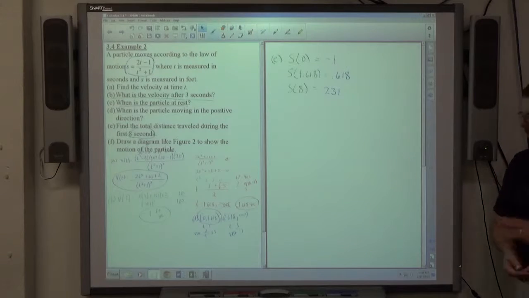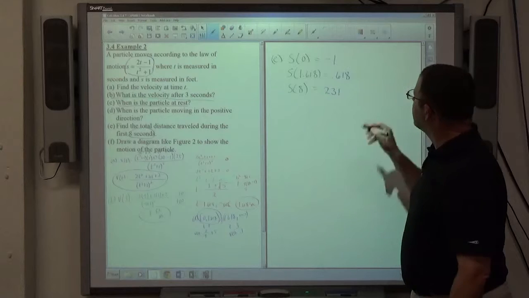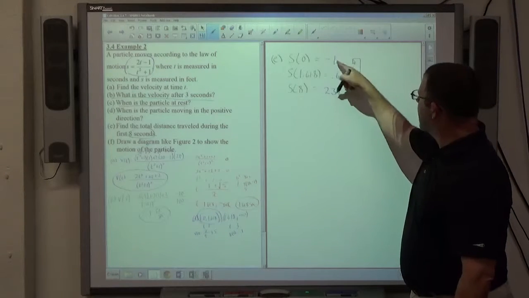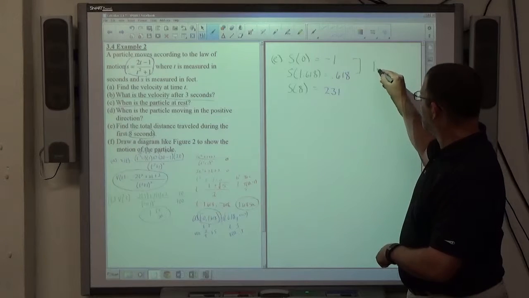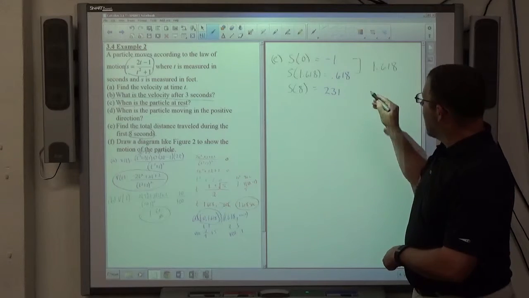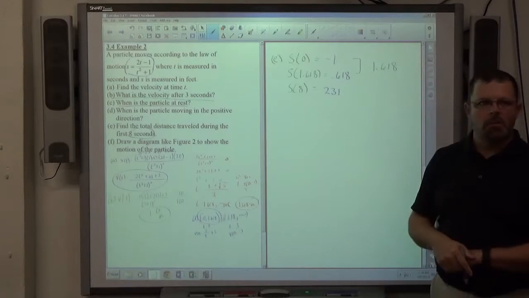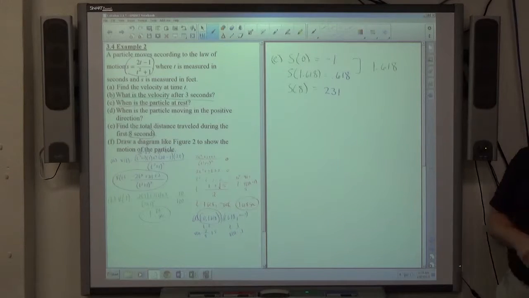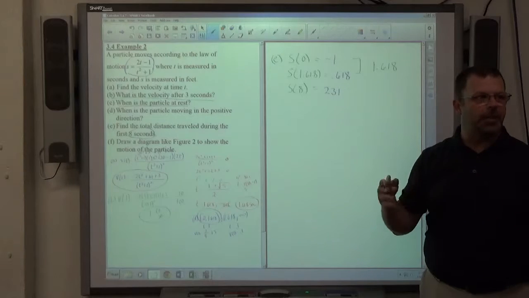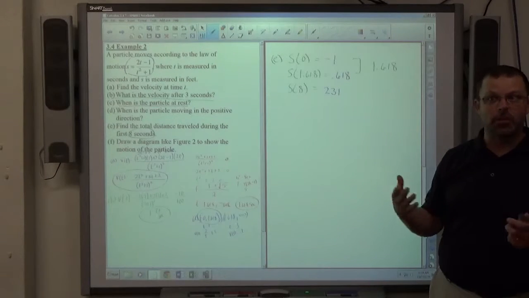I rounded to 3 decimal places, but, okay, how far did it go from negative 1 up to 0.618? 1.618. How are we getting that number? We subtract. Take the big one minus the small one, that's how you find distance. We want positive distance, that's why I'm going to do big minus small.